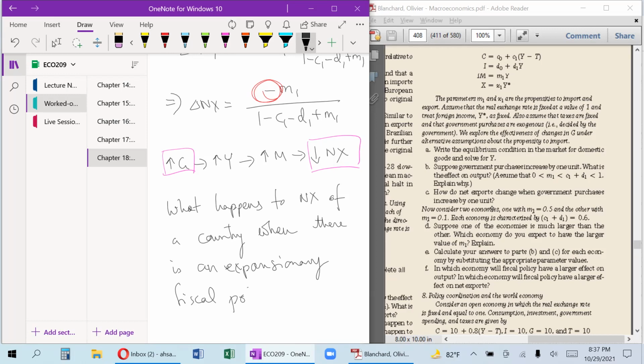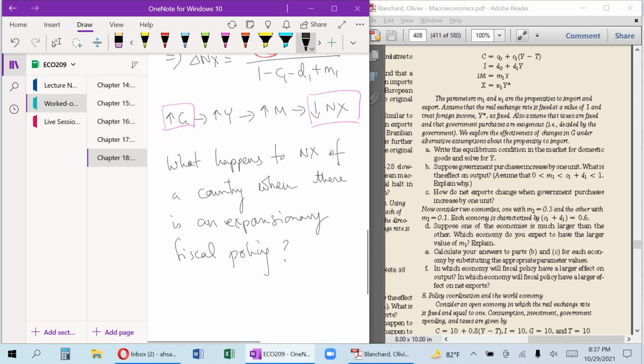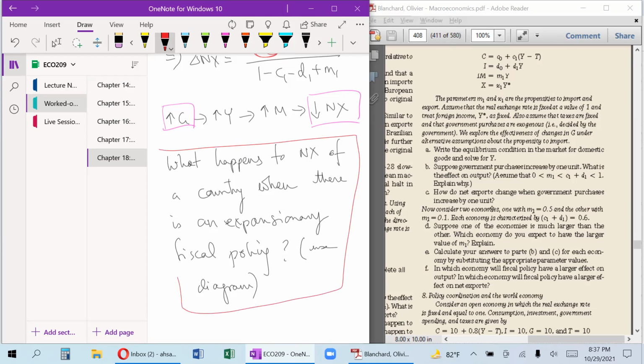fiscal policy. So suppose I ask you this question during your midterm. What happens to the net exports of a country if the country imposes an expansionary fiscal policy? And I say use a diagram or draw a diagram to answer your question. So give it a go.